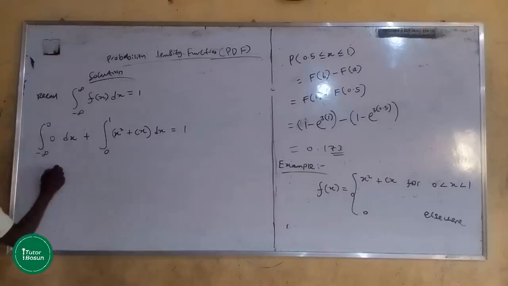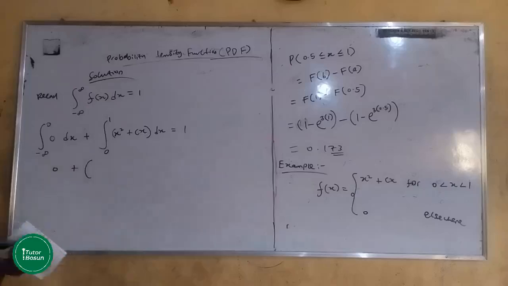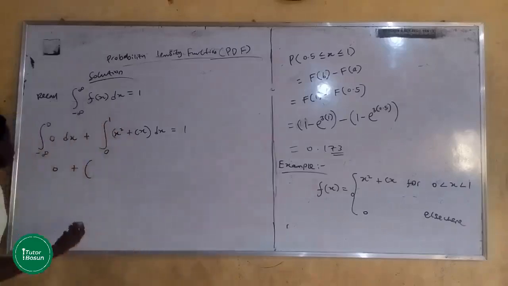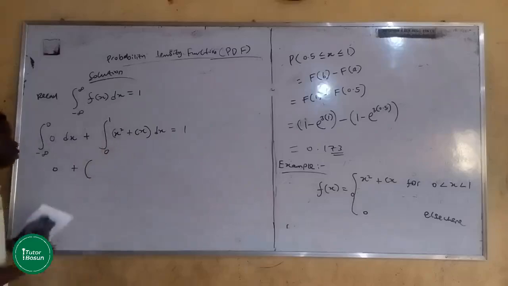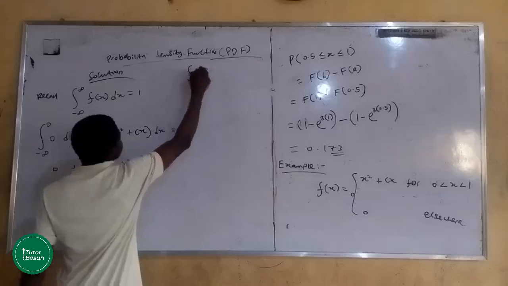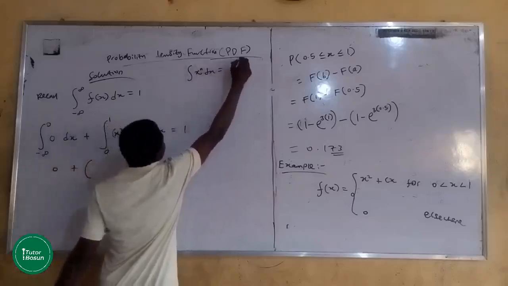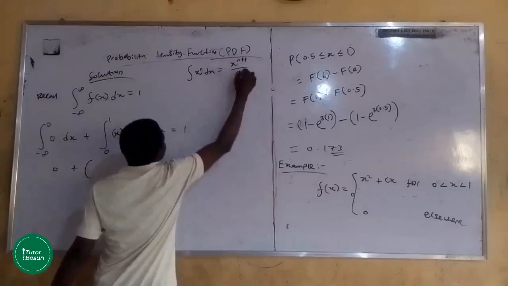Automatically this gives us 0, the integral of 0, plus the integral of this. When you want to integrate a variable x, you definitely add 1 to the exponent. For example, let's say you want to integrate f raised to power n dx, it will definitely equal f raised to power n plus 1 over n plus 1.